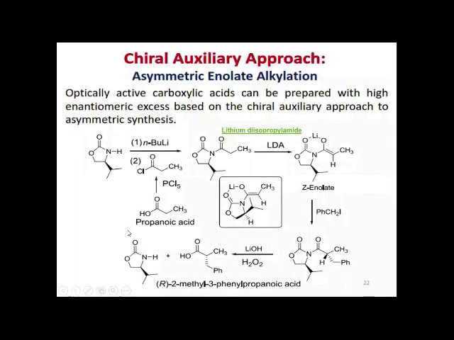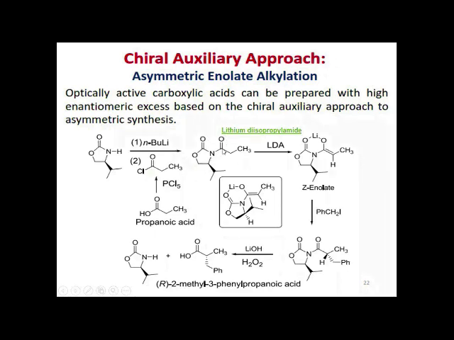One example is there. This is chiral auxiliary use with n-butyl lithium. Propanoic acid, by using PCl5, is converted into propanoyl chloride. So H is removed with n-butyl lithium, the hydrogen proton is removed and chloride is removed, so total HCl is removed and this whole group is attached to the amine nitrogen.